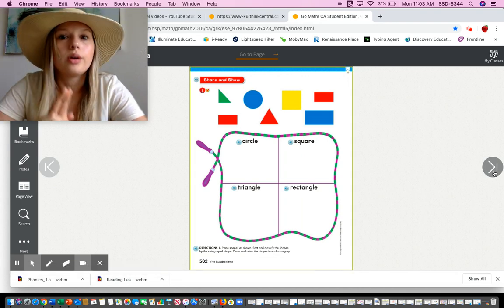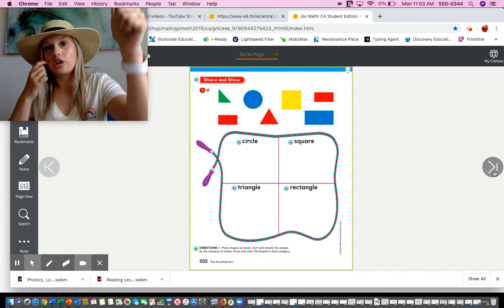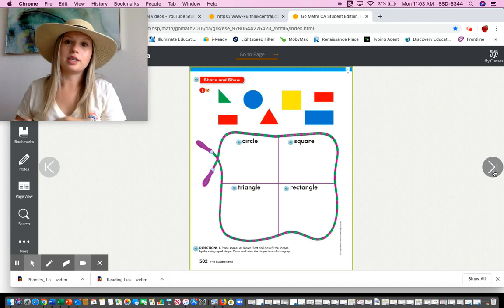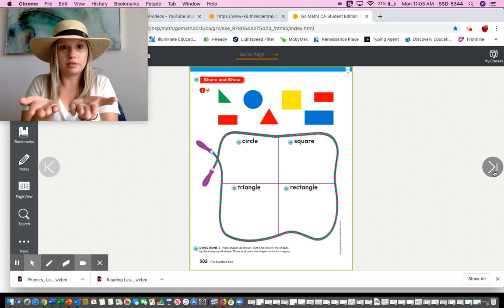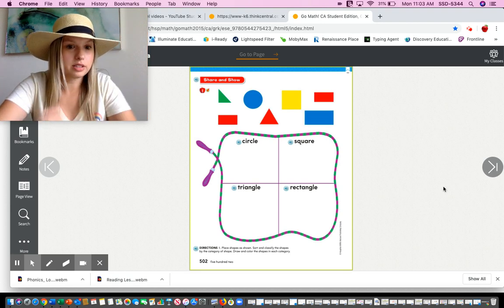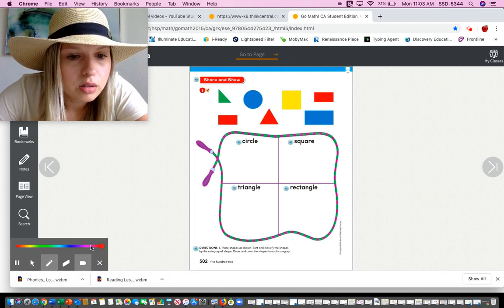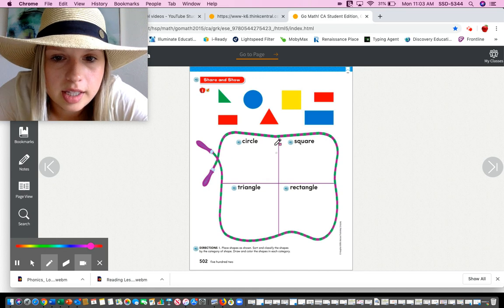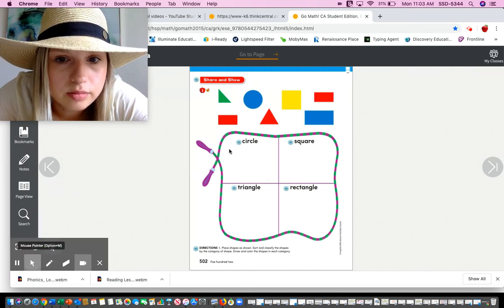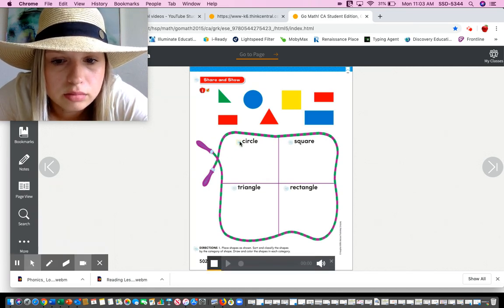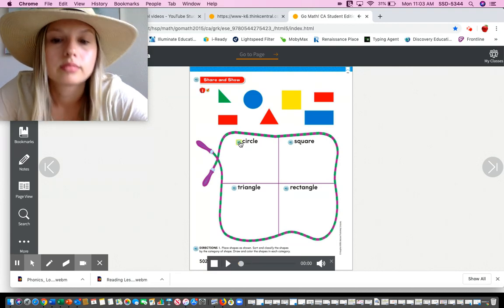Okay, so we're going to have to do what we did yesterday and draw lines to the different boxes because we don't have the shapes in front of us. So we're doing our best. Let's see how we're going to sort. This side here says circle. So we're going to put all the shapes that are circle.